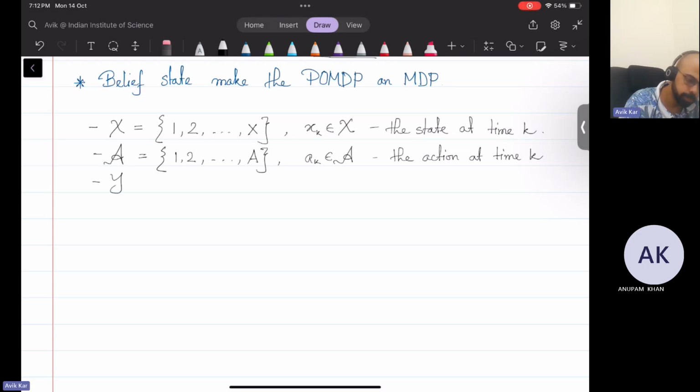There is an observation space denoted by calligraphic Y, similar to X. You can denote it by 1 to capital Y, and y_k is the observation at time k.